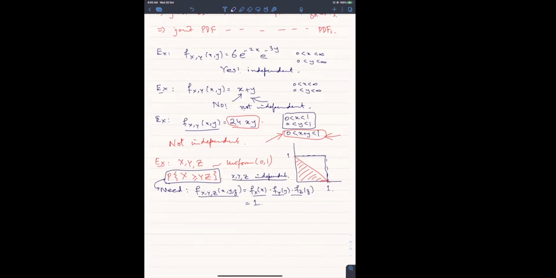So this probability will be equal to the triple integral over x, y, z such that x is greater than y times z, of 1, which is the joint PDF of the three, dx dy dz.